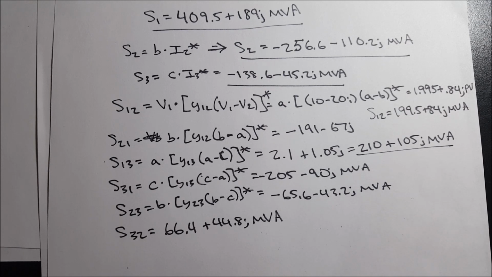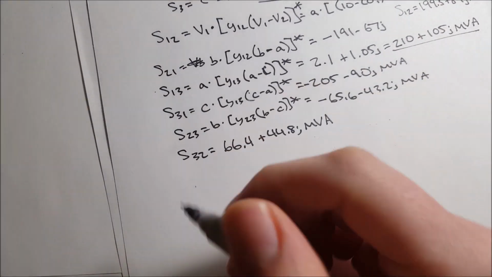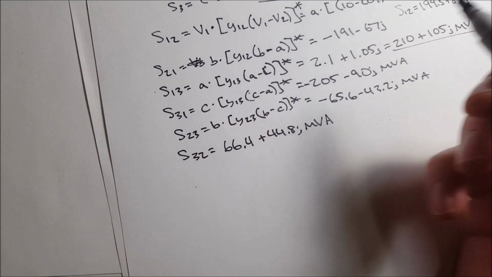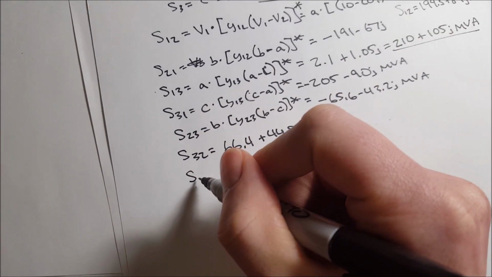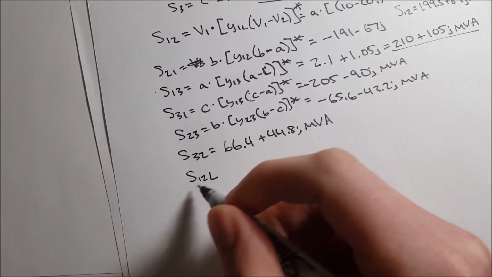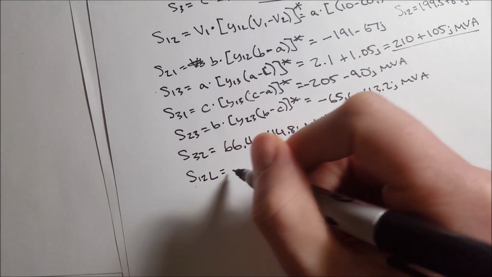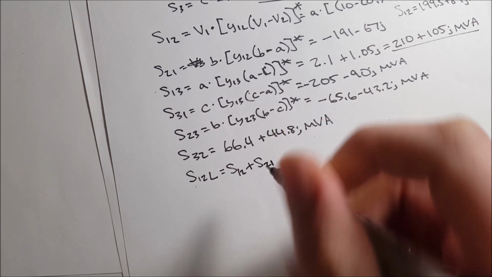And once you figure those out, then we can find our line losses, which S12 loss, I can say 1, 2, or 2, 1, doesn't matter now, is equal to S12 plus S21.